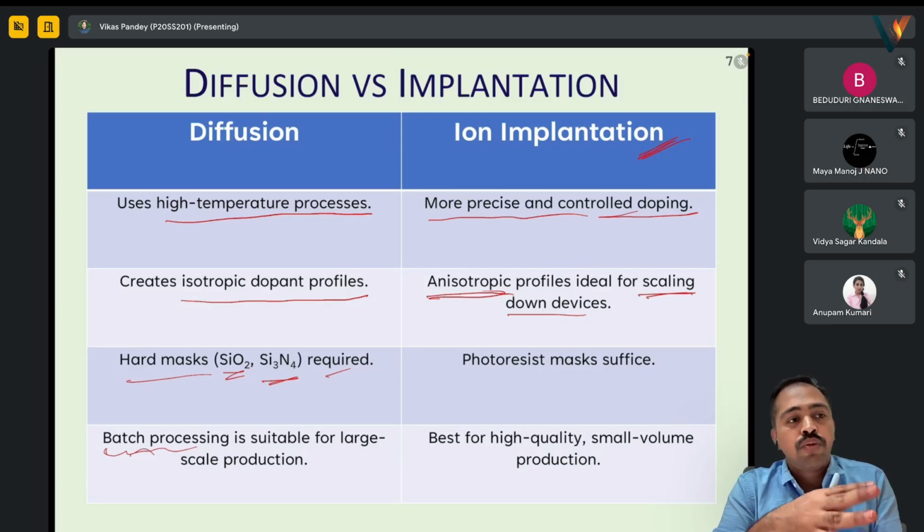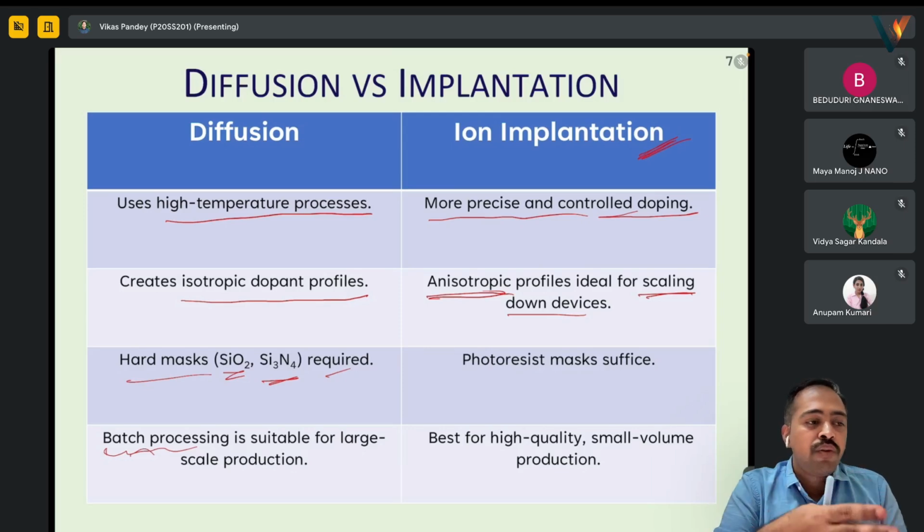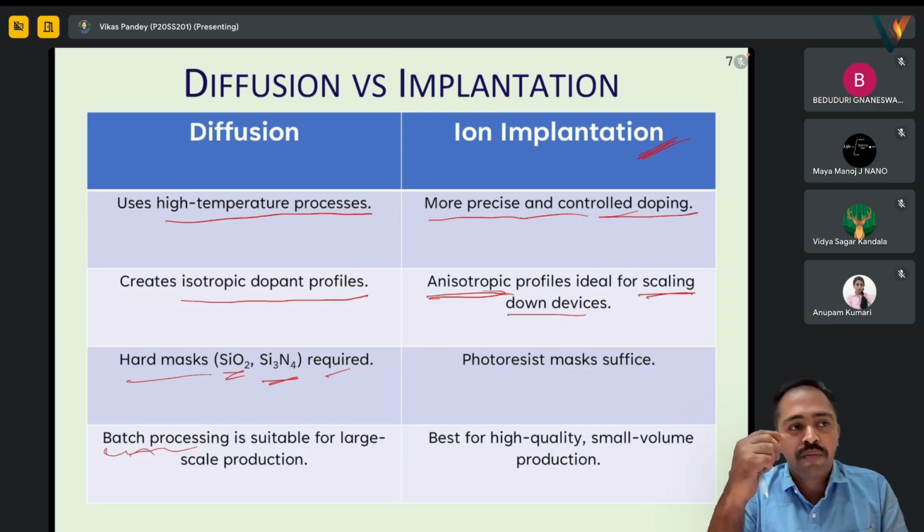If you have both facilities, where you don't bother about precision you can go for diffusion, and where you want a very precise process, ion implantation. So it is a mix, or whatever facility you have. I hope I answered it right.